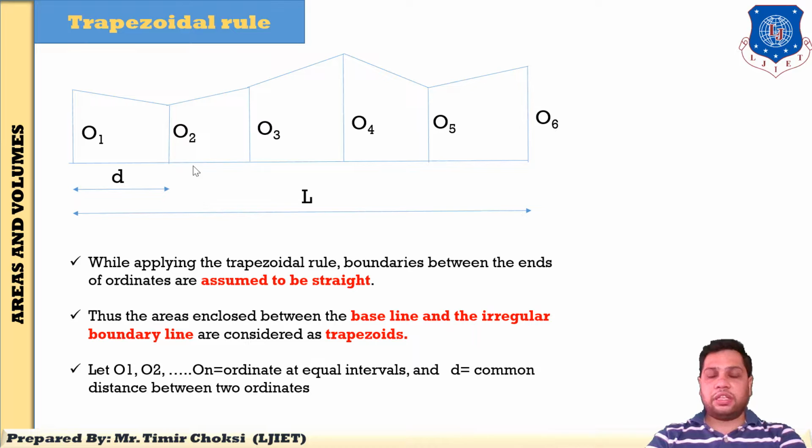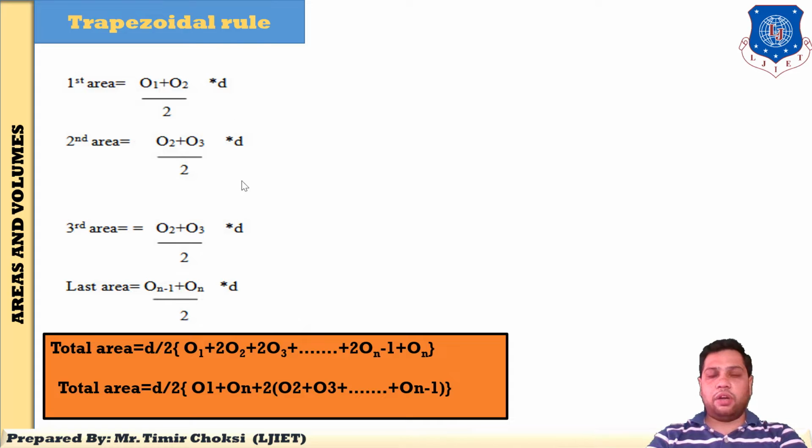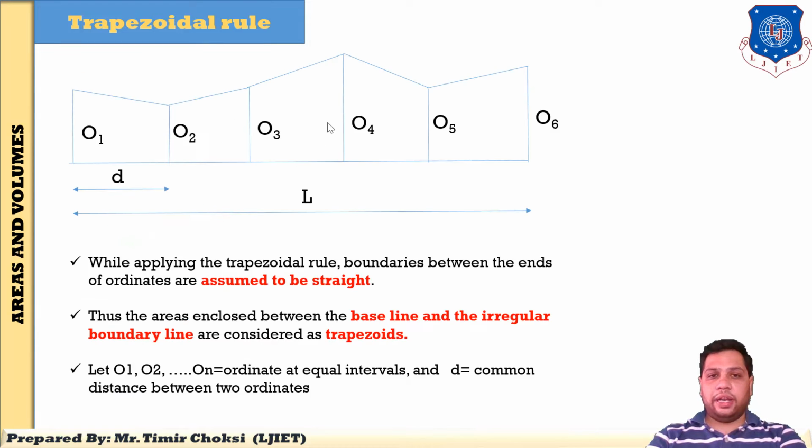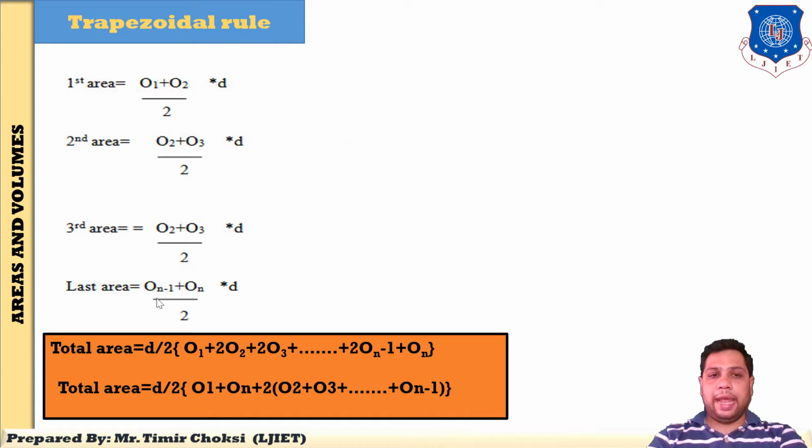When different intervals are given there are D1, D2, D3, but here the interval is the same. Similarly you find the third area, fourth area, up to the nth area. The last area equals On minus 1 plus On divided by 2, into D.